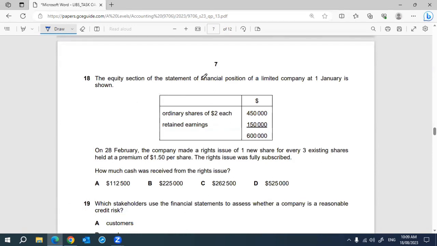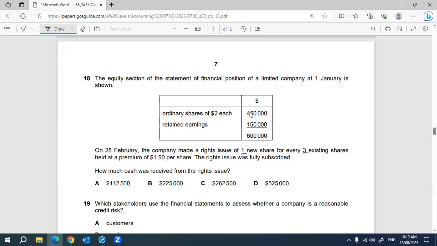Okay, the equity section of the statement of financial position of a limited company on 1st January is shown. So you have information on the ordinary shares and the retained earnings. On 28th February, the company made a rights issue of 1 new share for every 3 existing shares held at a premium of $1.50.